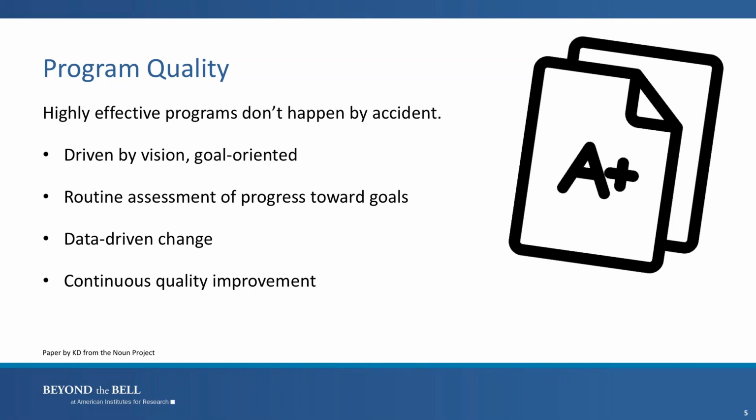As you all know, after school is not just fun and games. It's hard work, and quality programs result from careful planning and strong vision. These programs start off by engaging all stakeholder groups, including school and program staff and leaders, community partners, families, and yes, let's not forget the students, to develop a vision for the after-school program that everyone supports.